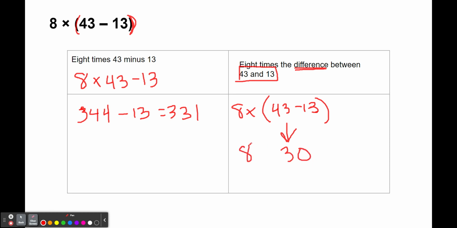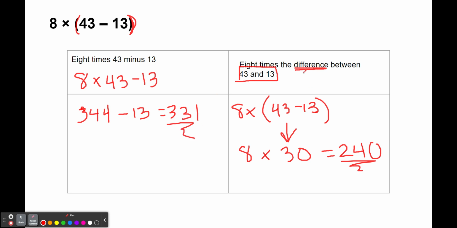Now we can multiply our 8 times 30. If I have 8 and multiply that by 3, that's going to give me 24. So I had 24 because I did 8 times 3, and then 10, so 240. So our answers are completely different if we don't do what's in the parentheses first.